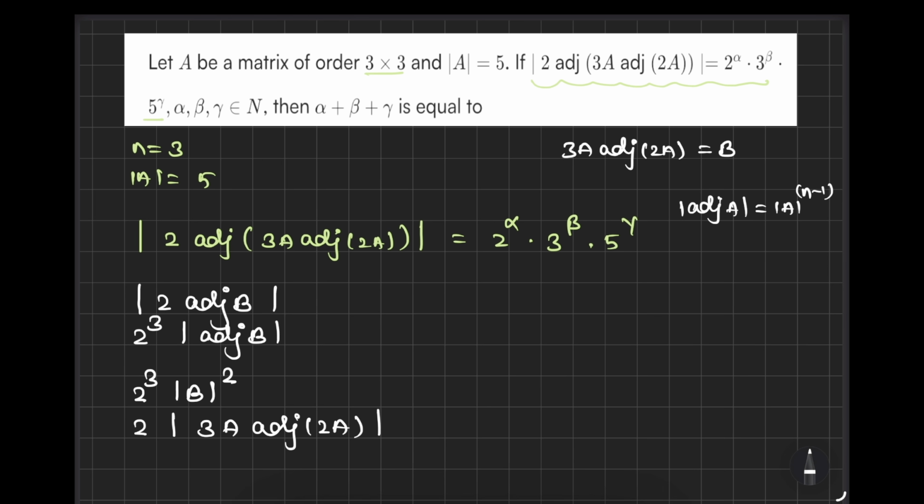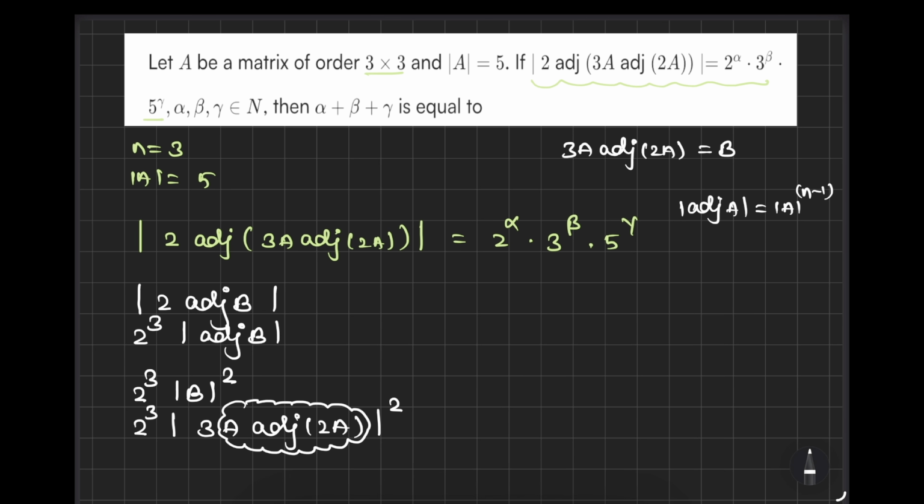Okay, now we will solve this problem slowly. This is 3 and this is 2. First, you know that this 3 is being multiplied with a matrix. So it will be multiplied with all the elements of a matrix. Now you are taking determinant. So we have to take 3 outside from every row.